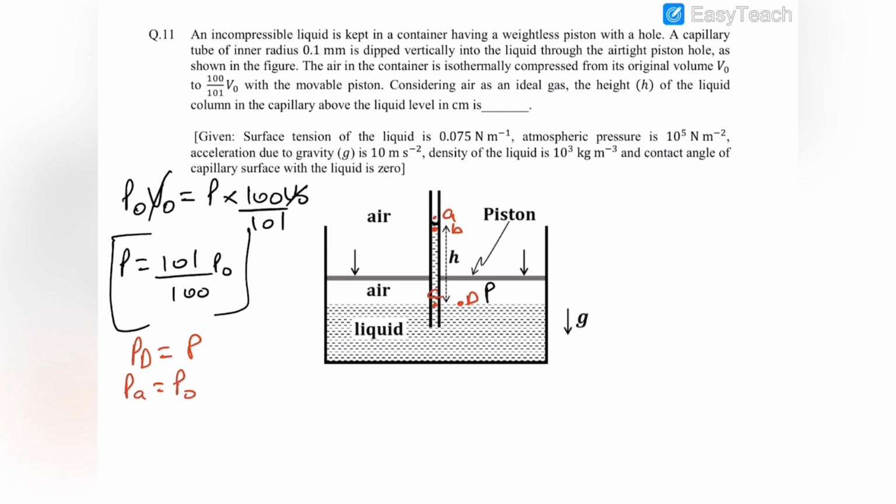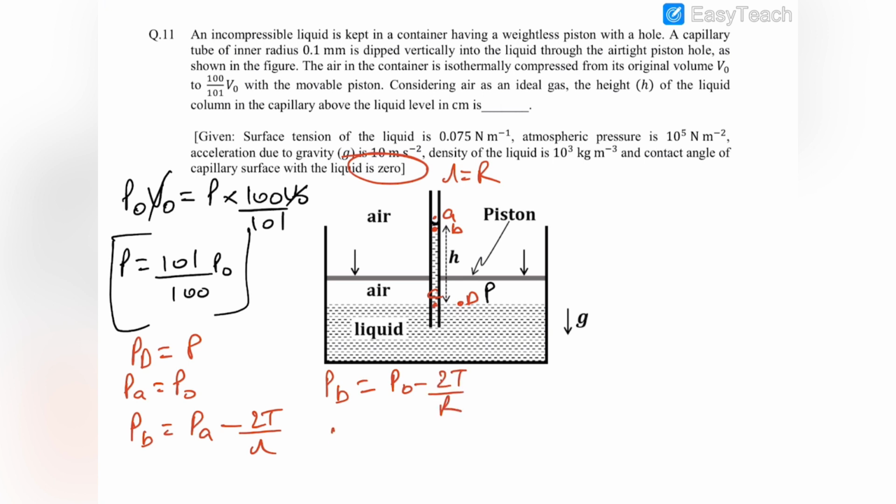At point B, as you can see, A is on the concave side of the meniscus, therefore the pressure at B would be slightly lower than pressure at A. So pressure at B would be equal to pressure at A minus 2T by R, where this R is the radius of meniscus, and due to the fact that angle of contact is 0, as given in the question, the radius of meniscus and radius of tube will be equal. So pressure at B will be equal to P0 minus 2T by R.